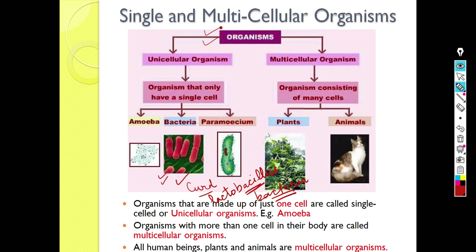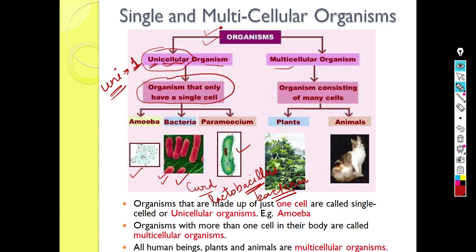You can see the shape. This is amoeba, paramecium. All these organisms are very small. They have only a single cell, and that is why these are called unicellular organisms. Whenever the term uni is written, it means one. So unicellular means one single cell organism.